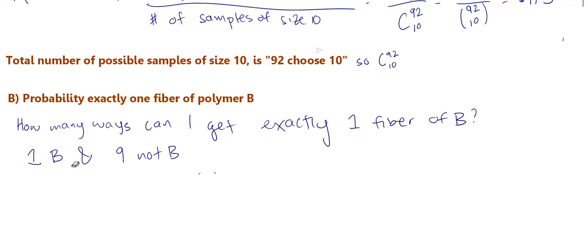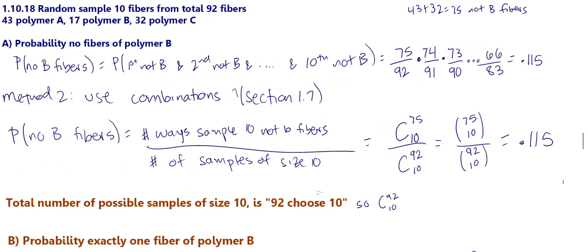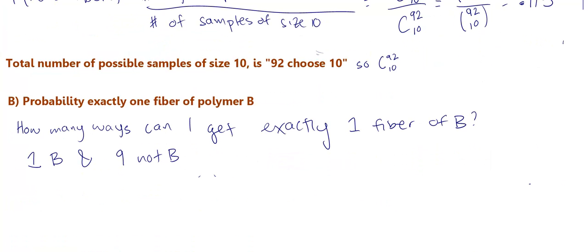If we look back up at the top, there are 17 B fibers. I need to choose one of them to get my B. Then times, because it's an and, now I need to get 9 fibers that are not B. There are again 75 not B fibers, and I need to choose 9 of them. So that's how many ways I can get exactly one fiber of B.